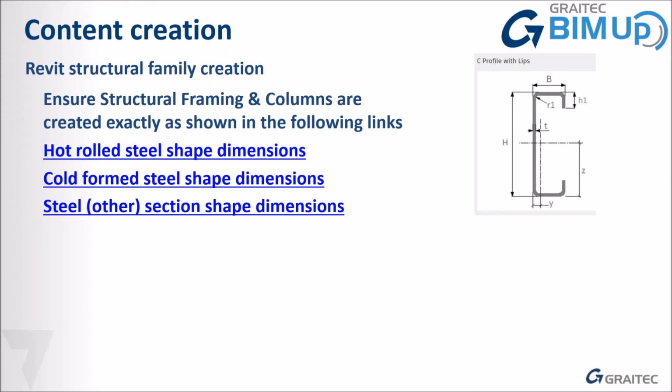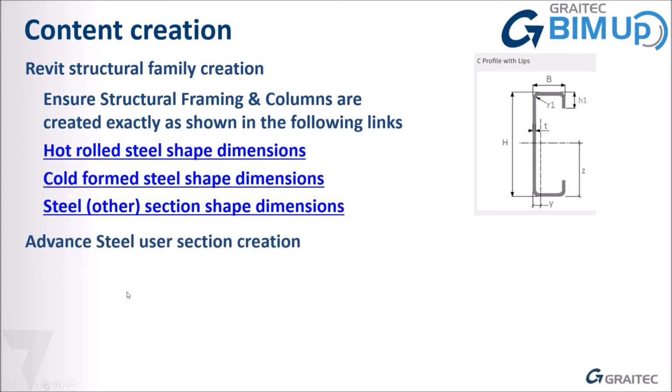Also, when you apply a steel connection in Revit, it creates a steel fabrication format, and that behaves differently on import and export. So before you create hundreds of different families, I would strongly advise you do the first one, draw a straight beam, draw a beam with a connection on, and export just those two items before you go any further, just to make sure it's all working properly.